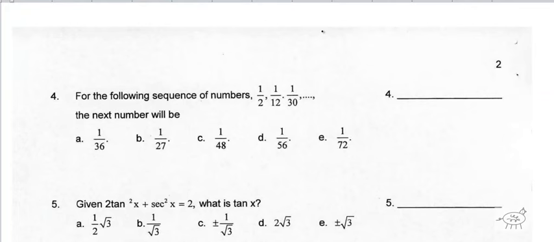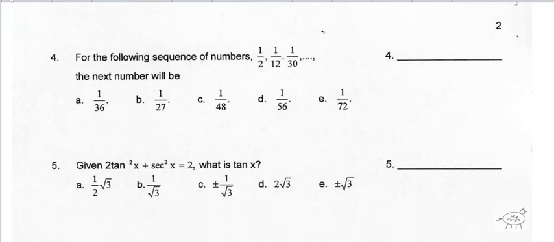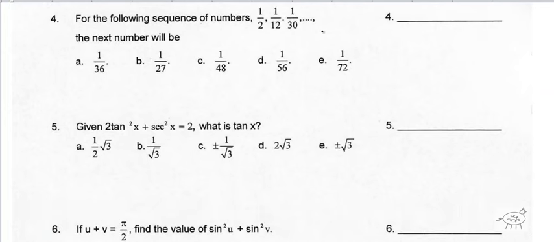Okay, number 4. For the following sequence of numbers, the next number will be... this was kind of tricky. I kind of had to think about this one for a while. I'm like, what the heck is the pattern? Well, it's not geometric or arithmetic, if you know what I'm talking about. So if I find the differences, let's ignore the 1 for now. The difference between 2 and 12 is 10.